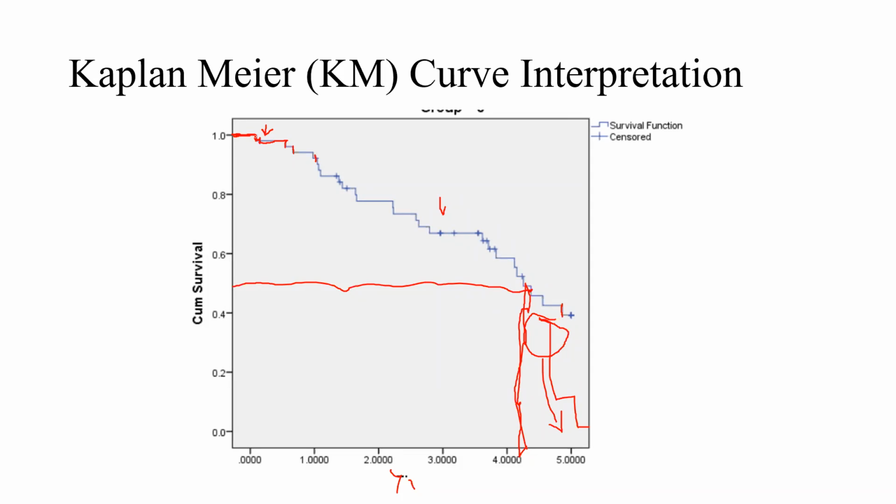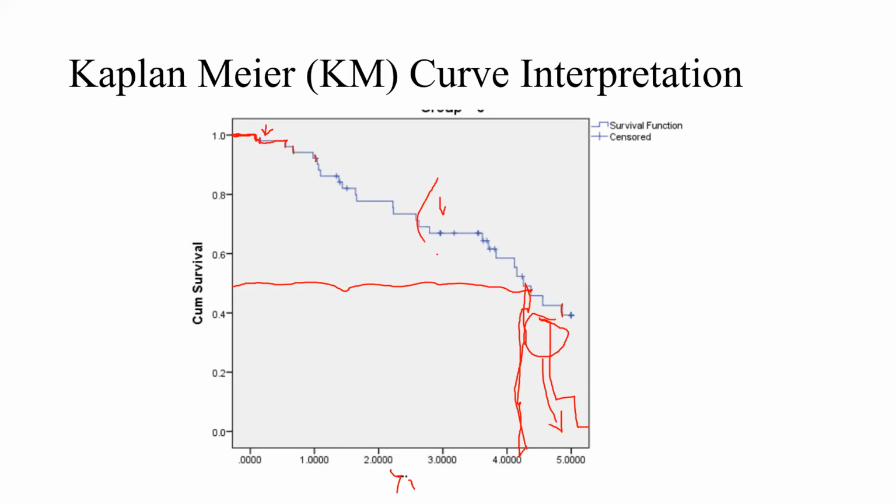When one drop here drops the function only by 0.01, which is around 1%. So this drop will always increase towards the right side.